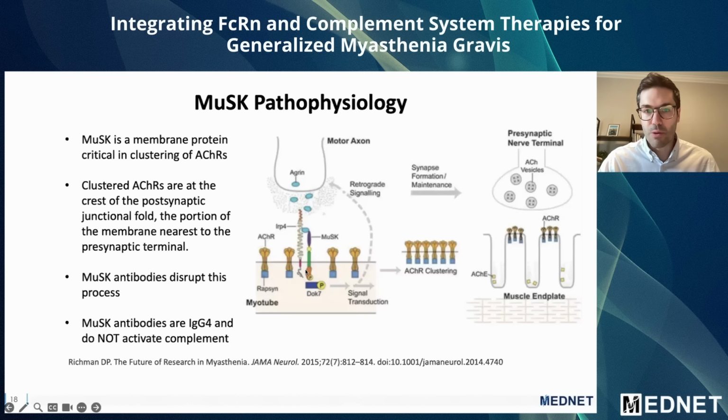Now, I want to make note that MuSK is part of a complex here. As you can see, LRP4 and agrin are also involved in this complex that's leading to this propagation of signals that lead to the clustering.